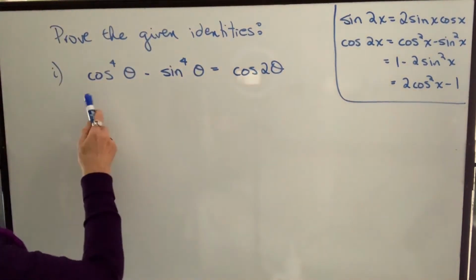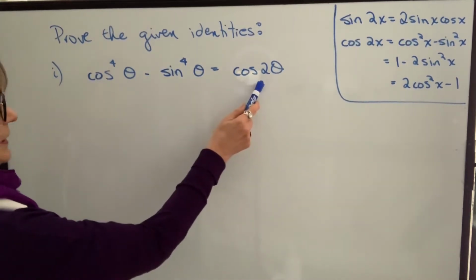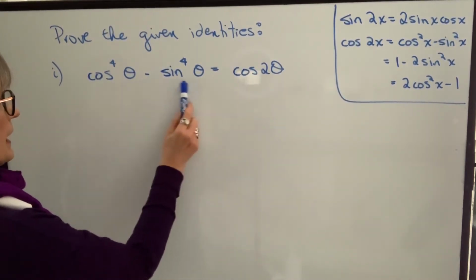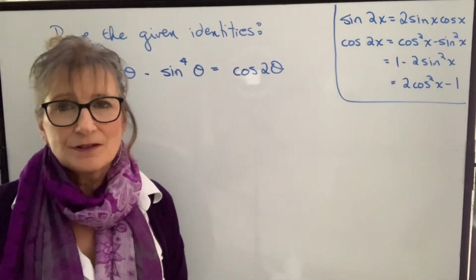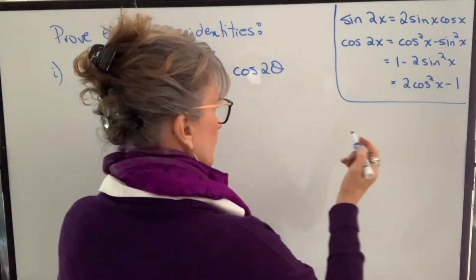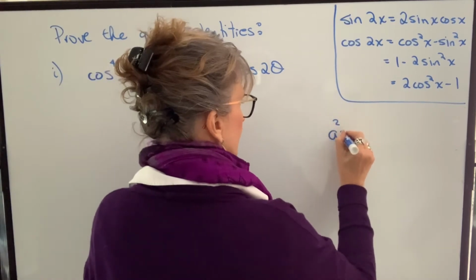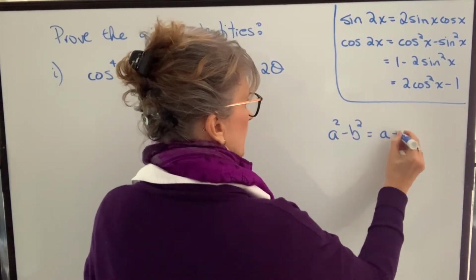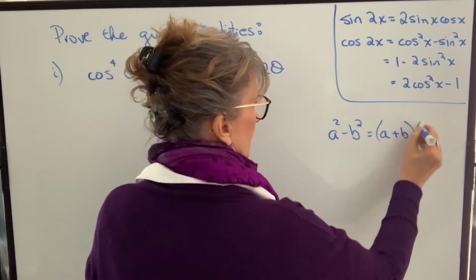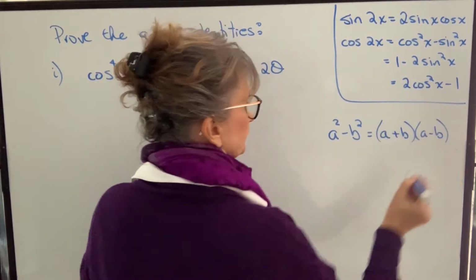So for example, if I was asked to prove that this is equal to this, I'm going to work over here and I'm going to factor. Remember that if you have a difference of squares, if I have a squared minus b squared, that's equal to a plus b times a minus b.